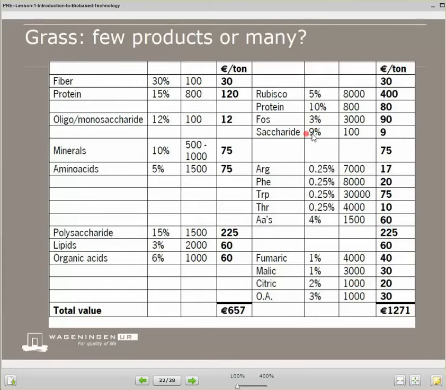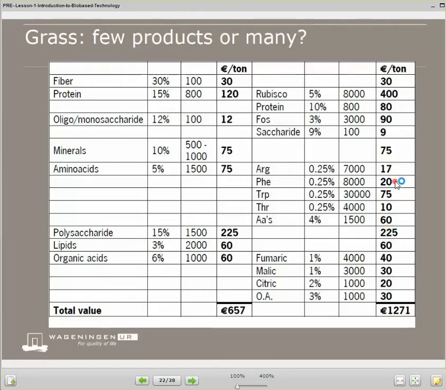Saccharides, for example, are worth 9 euros per ton. We've forgotten the amino acids. That's where my research is. There are several amino acids that you can get from grass juices, and together they are, I think, 60, 70, 150.